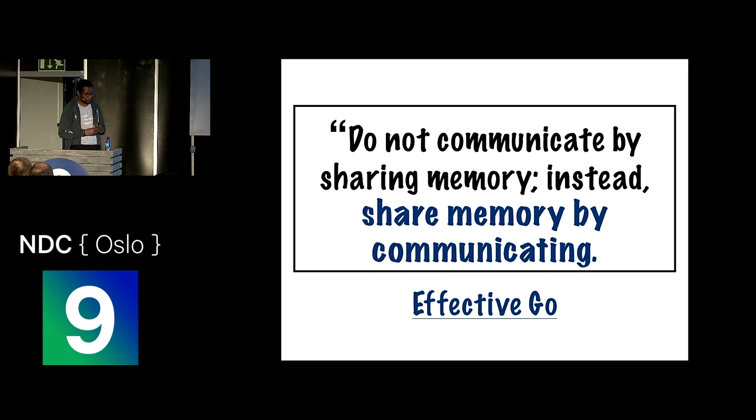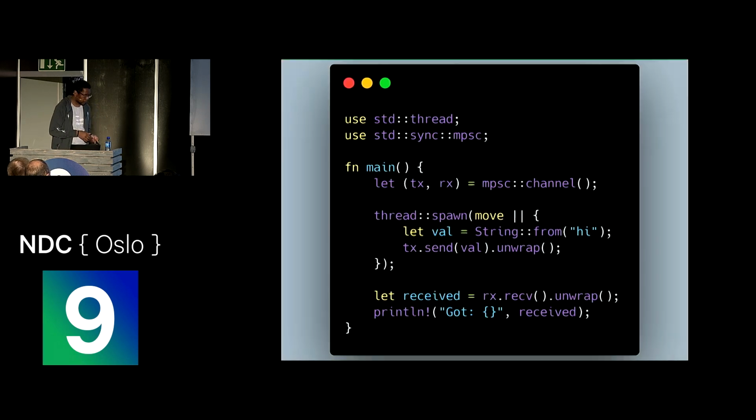The way it's implemented in Rust is you have essentially a communication channel. It has a transmitting side and a receiving side, these two pairs here. Then, in this case, we're just spawning a child thread, giving it the transmitter side of this channel.